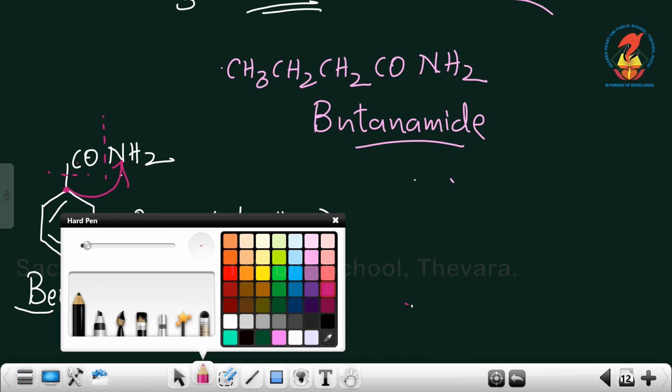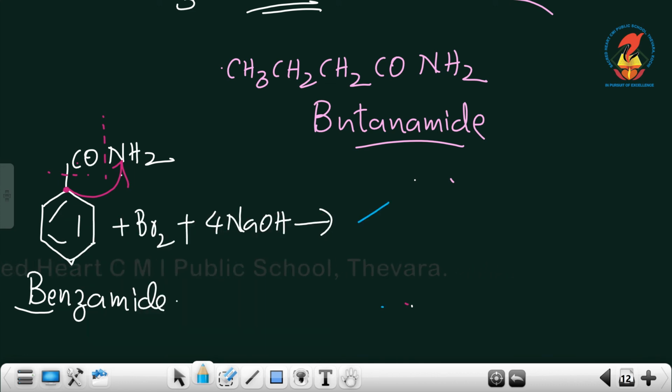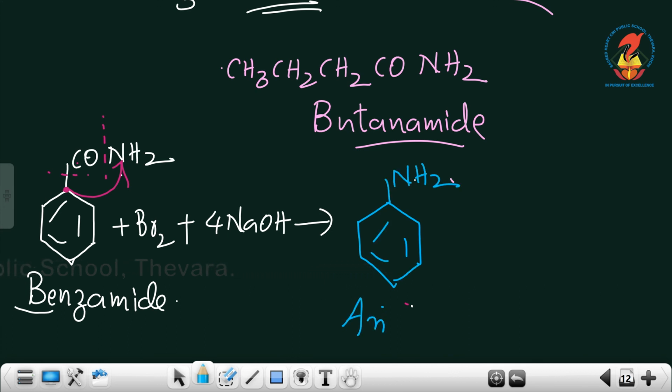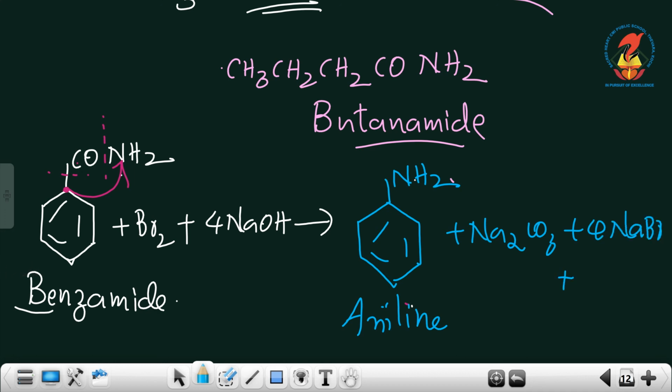So what we are getting here is a benzene ring containing NH2, that is aniline, plus Na2CO3 plus 2NaBr plus.